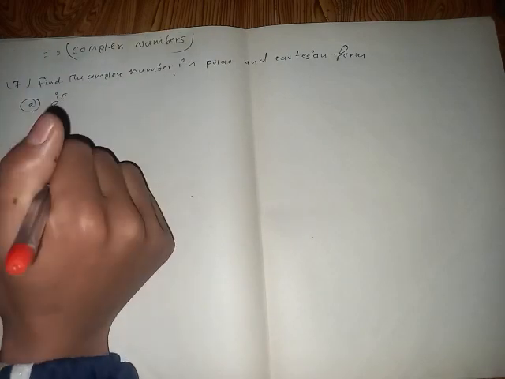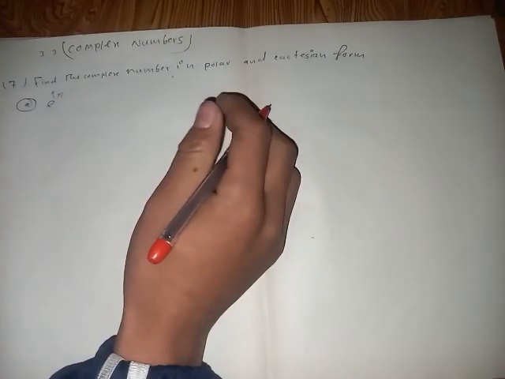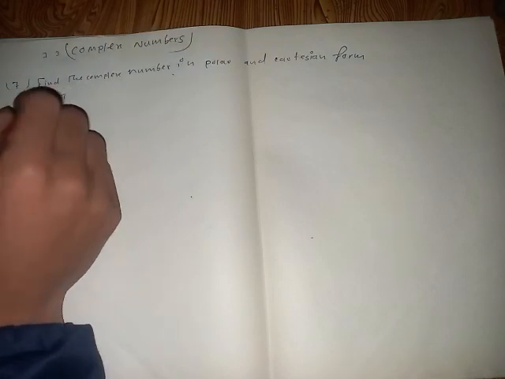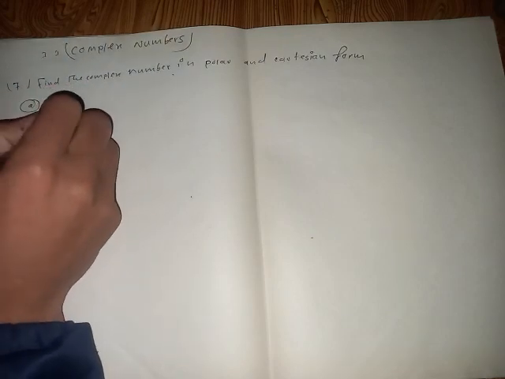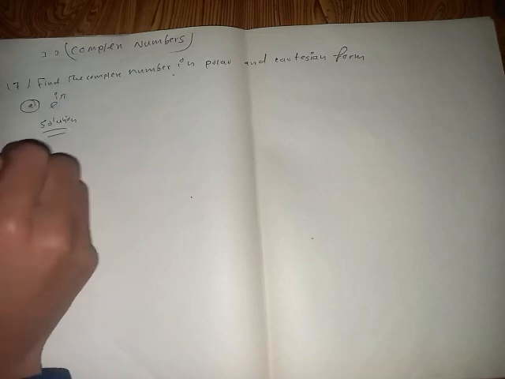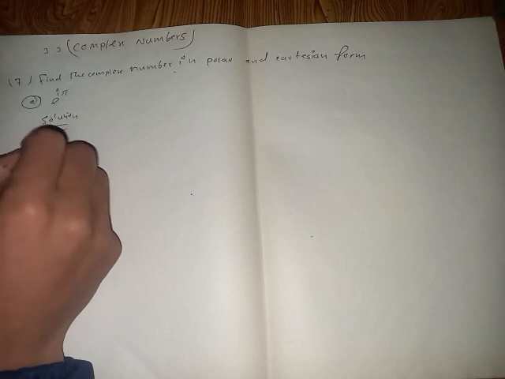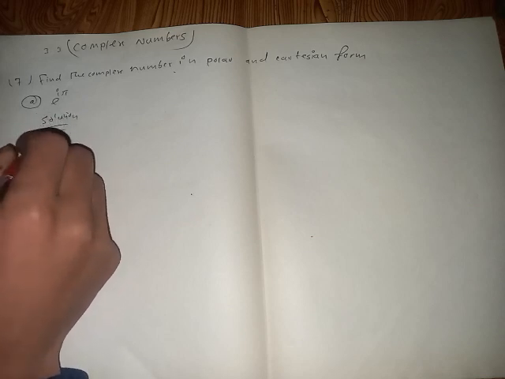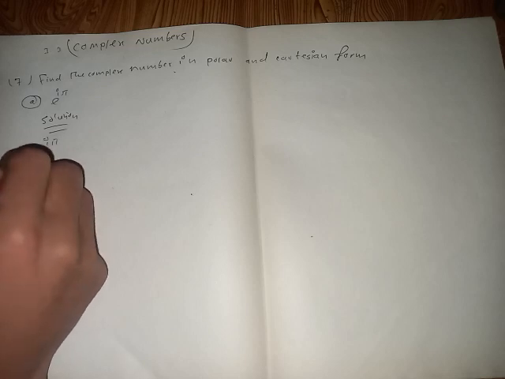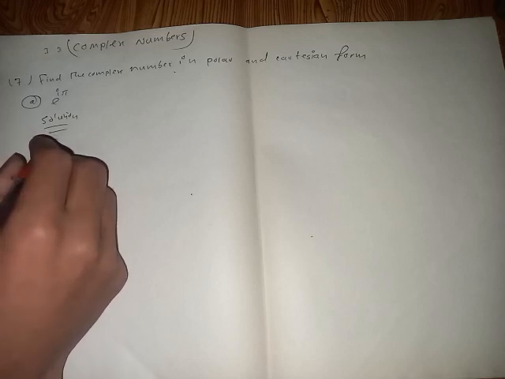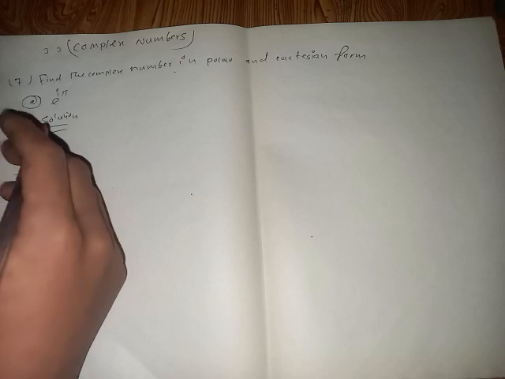this compound is e power i phi. Find the complex number in the polar form and the Cartesian form. Solution: the question is e power i phi, and we change it into the Cartesian and polar form.